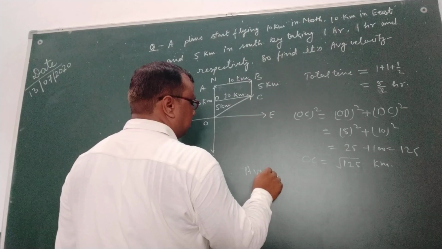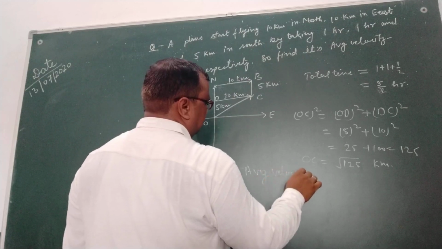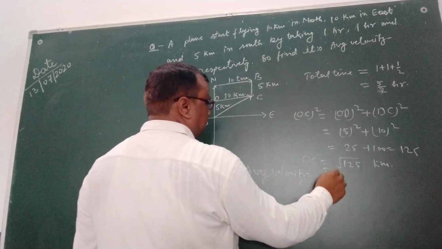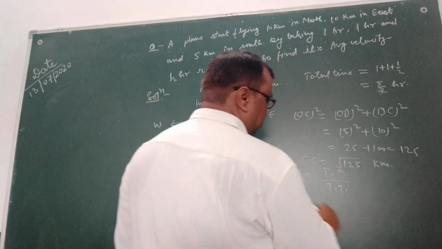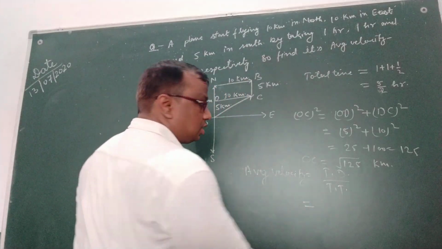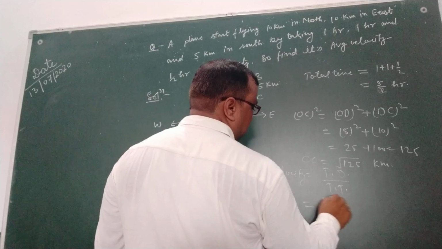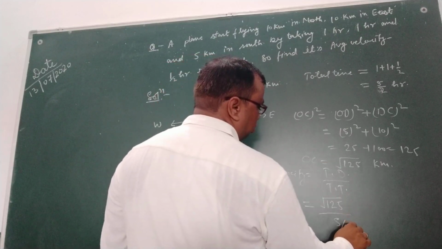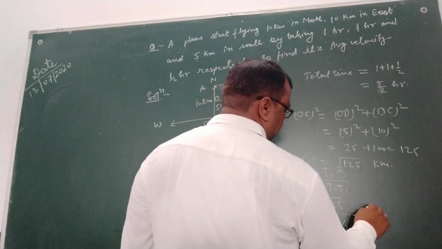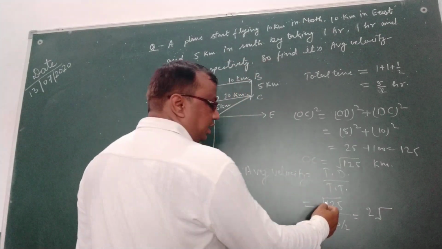Now we know that average velocity is total displacement upon total time. So here total displacement is root 125 upon total time 5 by 2. So 2 goes upside.